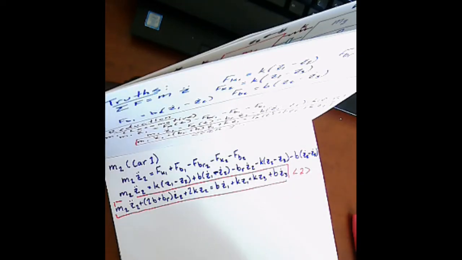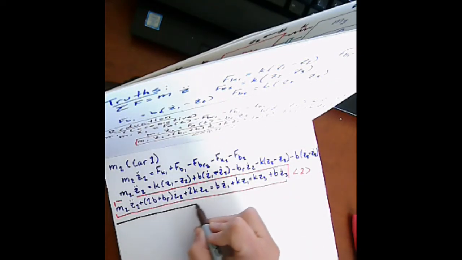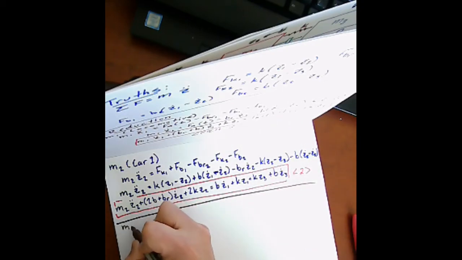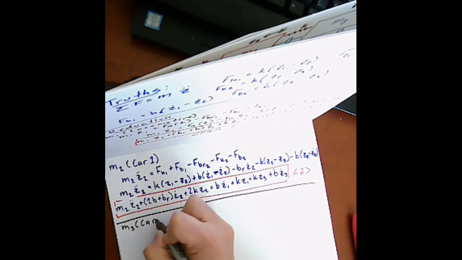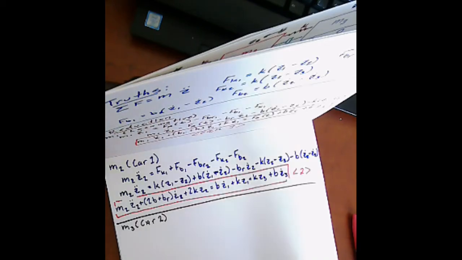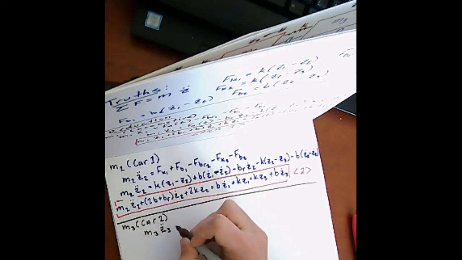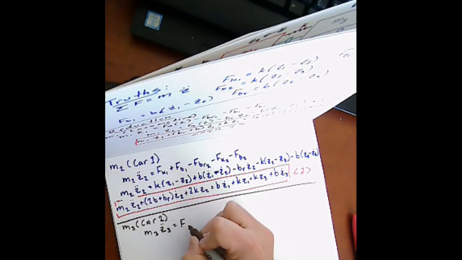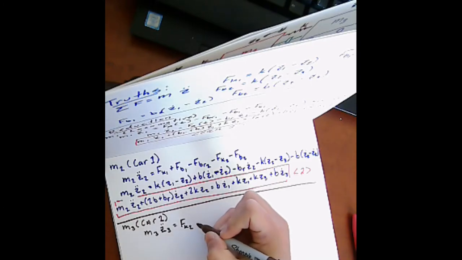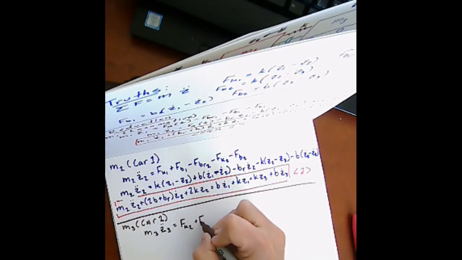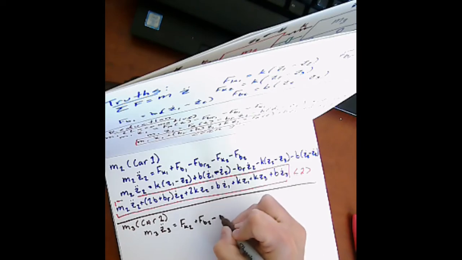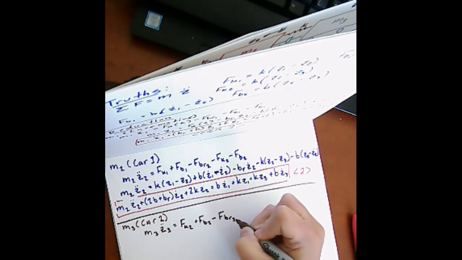Right, and then for mass 3 or car 2, this one's not too bad, right? This one should be pretty nice for us because we'll have M3 Z double dot 3 is equal to FK2 plus FB2 minus FBR3.